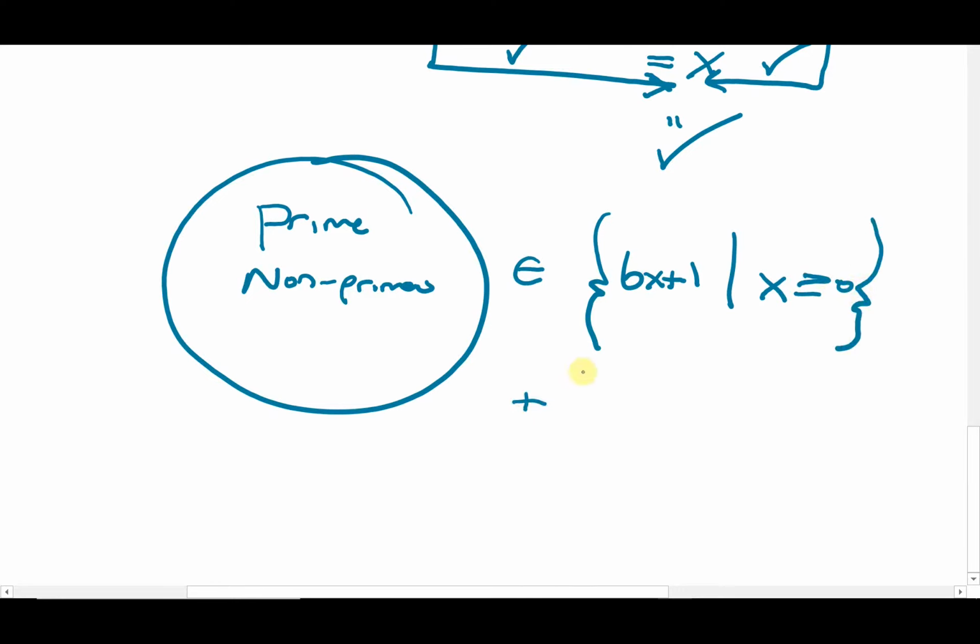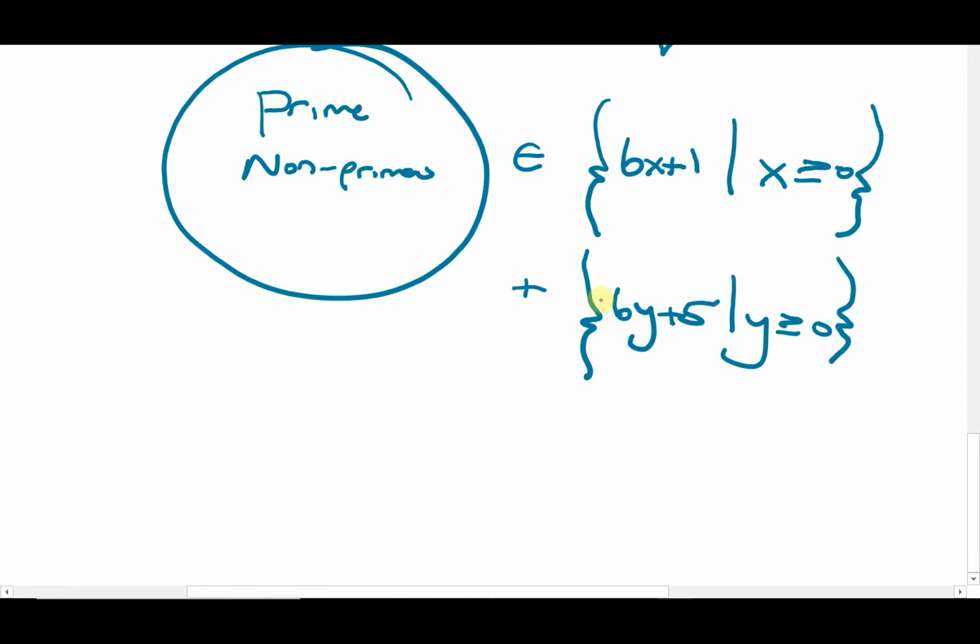And then we have plus, we could just take 6y plus 5 such that y is greater than or equal to 0. We're adding all the elements from both of these sets into here. So for instance, we already checked, 6 times 1 plus 1 is 7, so 7 goes in here. 6 times 1 plus 5 is 13, 13 goes in here. And we add basically all the prime and non-prime numbers.